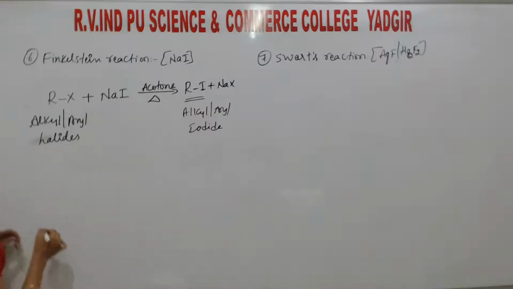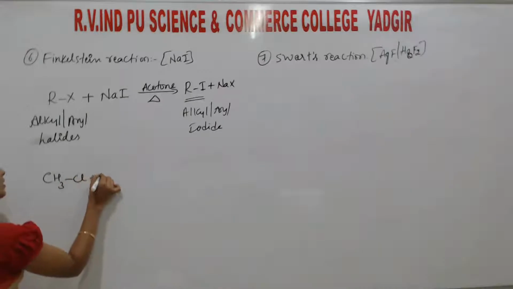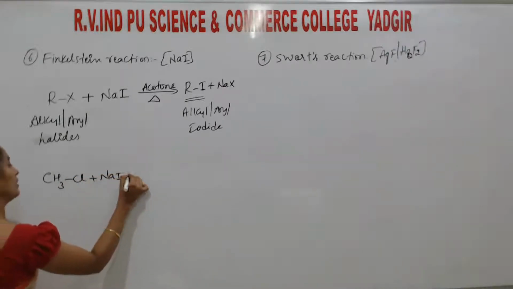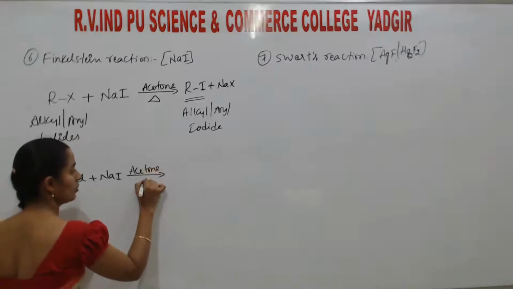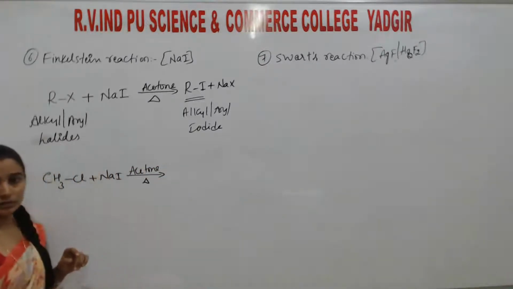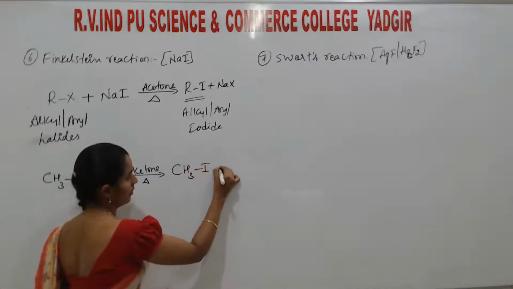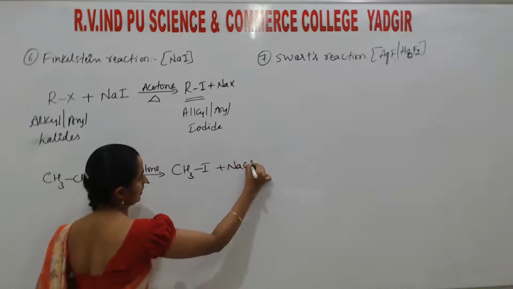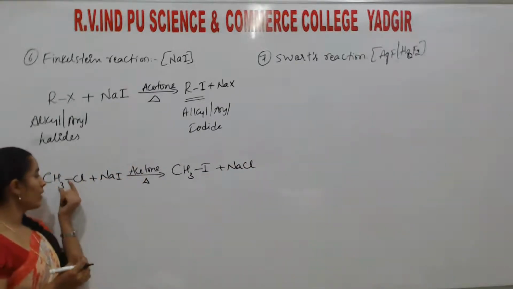If you take the example CH3Cl plus NaI in presence of acetone and heated, what is the product formed here? CH3I plus NaCl.